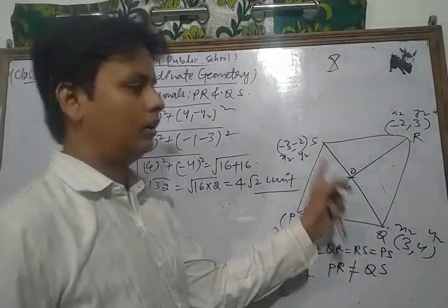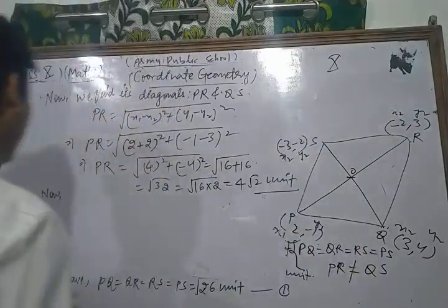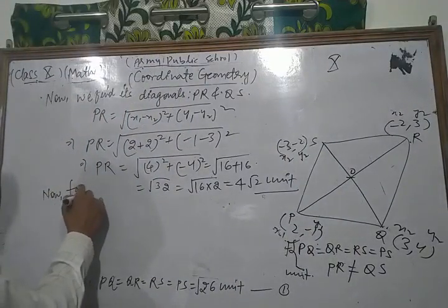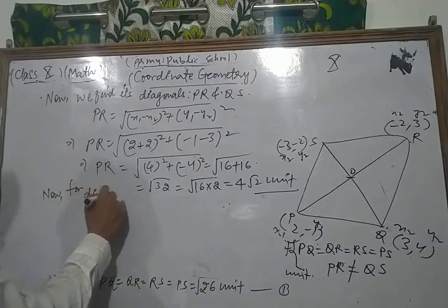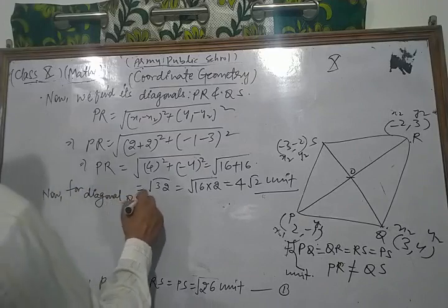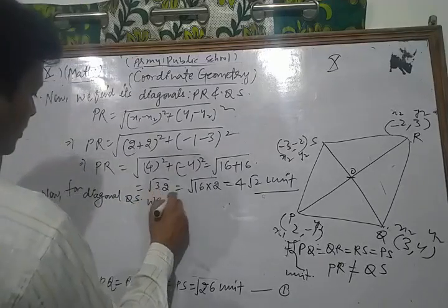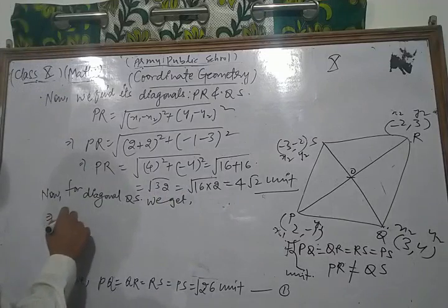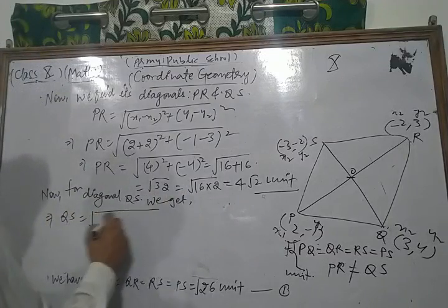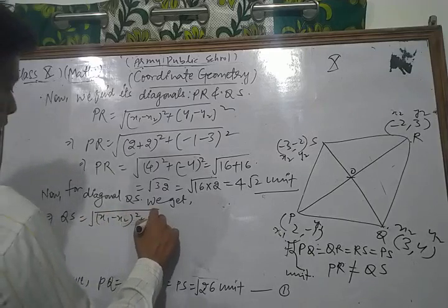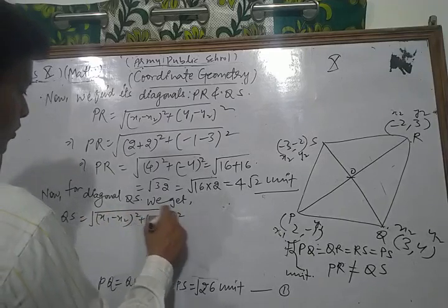Now we find diagonal QS. Okay, now for diagonal QS we get, this is x1 minus x2 whole square plus y1 minus y2 whole square.